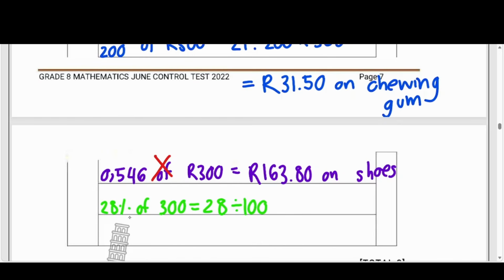It kind of looks like a divide sign. So 28 divided by 100 times the 300 Rand is going to give us how much he spends on his mom's present. So 28 divided by 100 times 300 is giving me 84 Rand on the present.